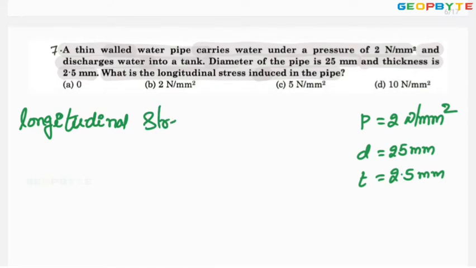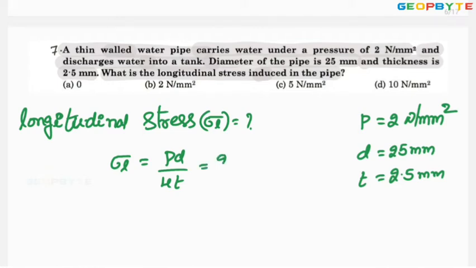The longitudinal stress sigma L equal to how much? Sigma L equal to PD by 4T.